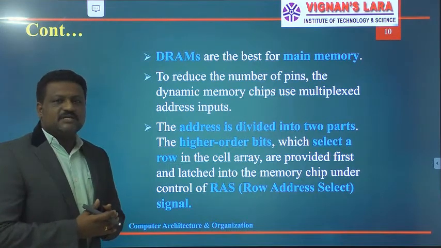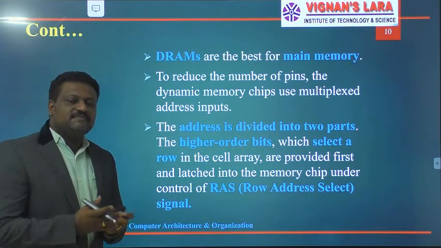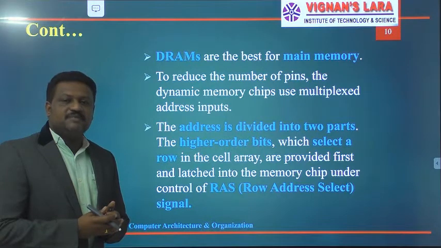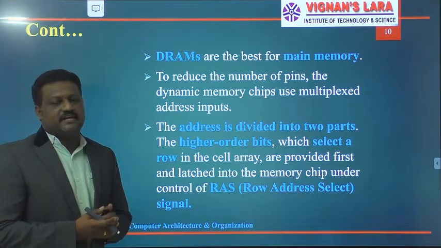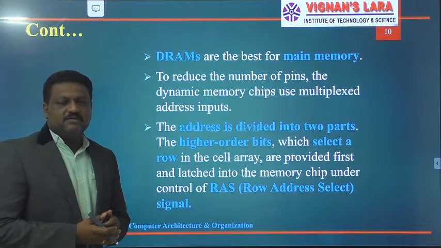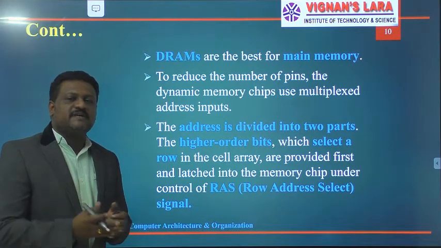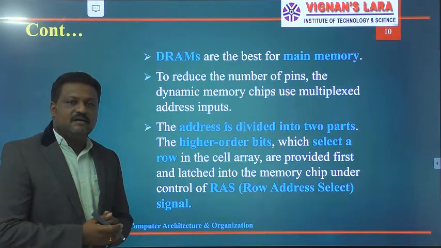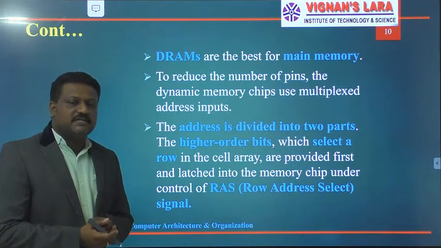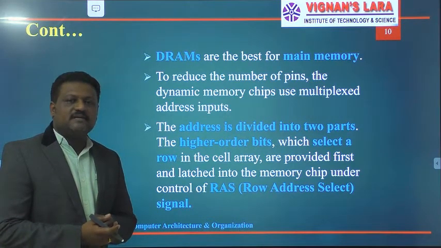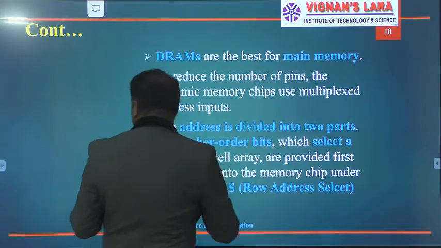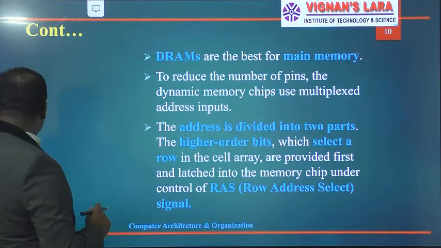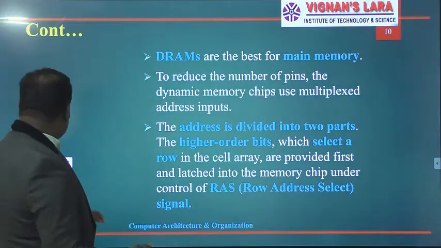But coming to DRAM's case, each and every memory cell is designed with a combination of a transistor and a capacitor. Due to this, once the capacitor is present in a memory cell, the speed of operation is less. So these DRAMs can be used as main memories. So DRAMs are used as main memories.